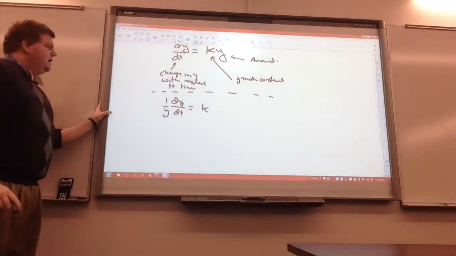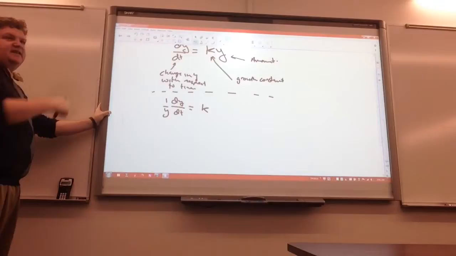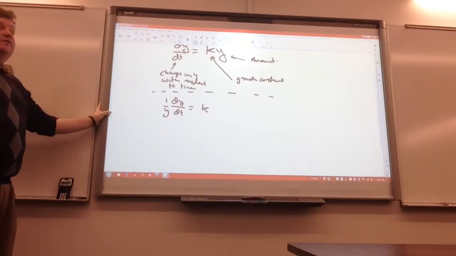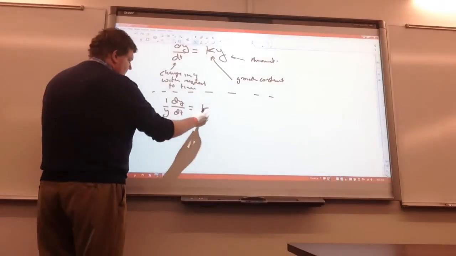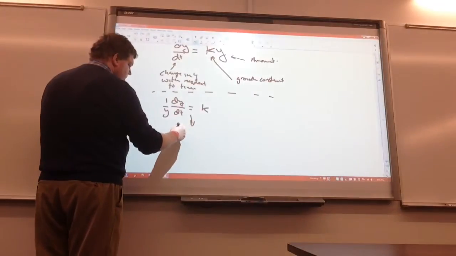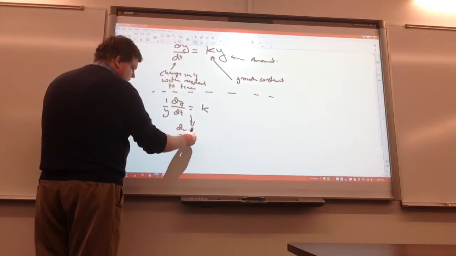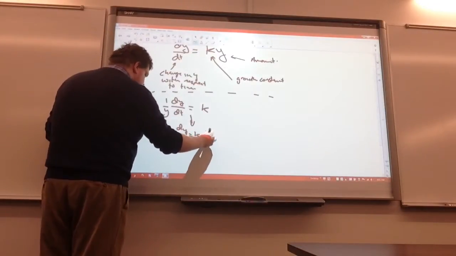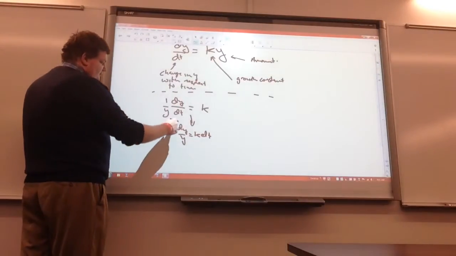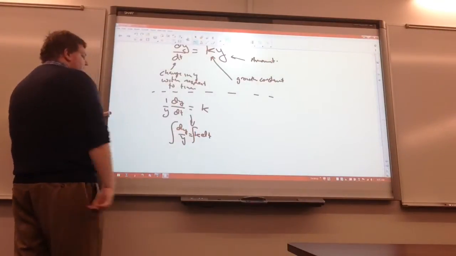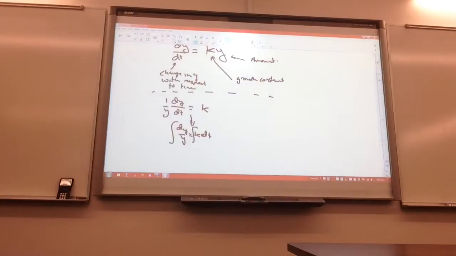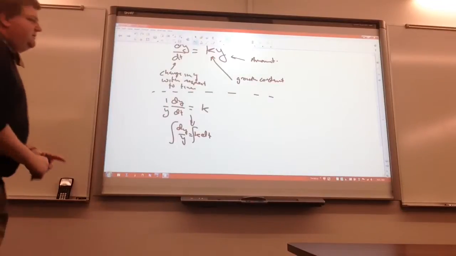If it helps, we can move the dt over to the side with the k. Now I'm going to integrate this. What would the integral of dy over y be? It'd be log. Yeah, natural log of y is what it comes out to be.